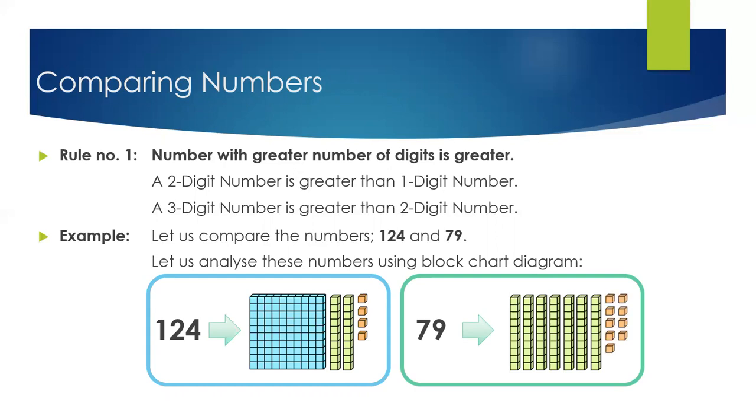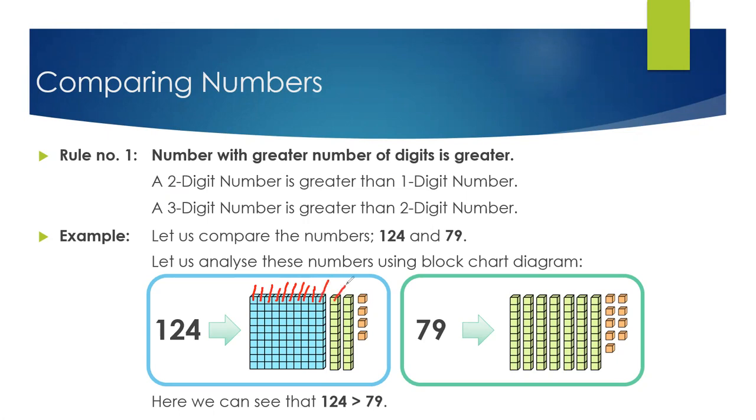Here we can see that the number 124 is greater than 79. This can be said in two ways. Let me show you. Firstly, this is a 100 grid, and if we analyze this hundreds grid in the form of tens, we can count it: this is one ten, two tens, three tens, four, five, six, seven, eight, nine, and this is the tenth ten.